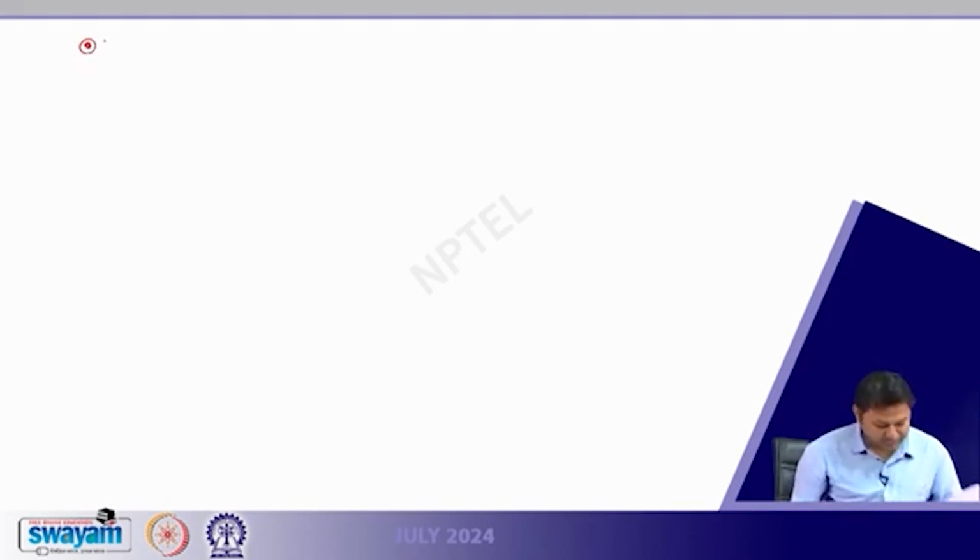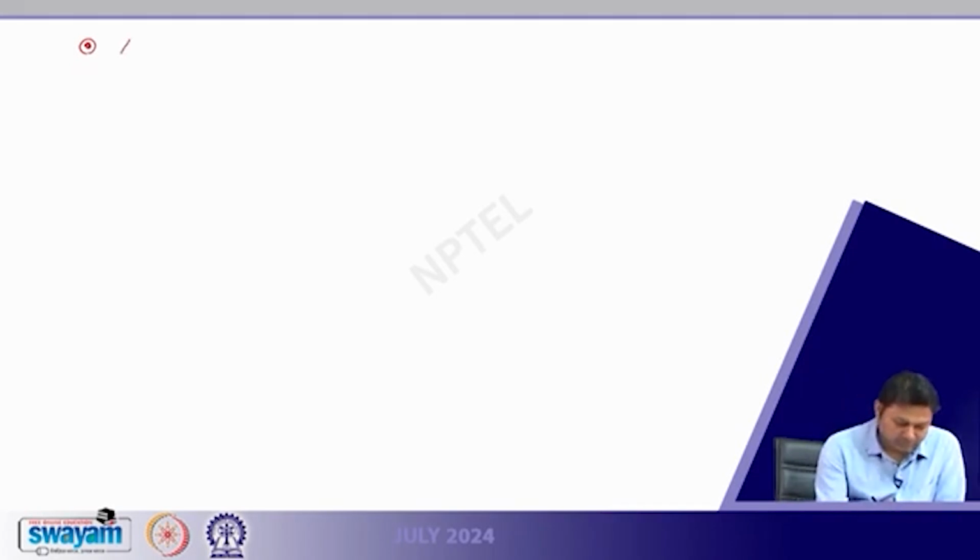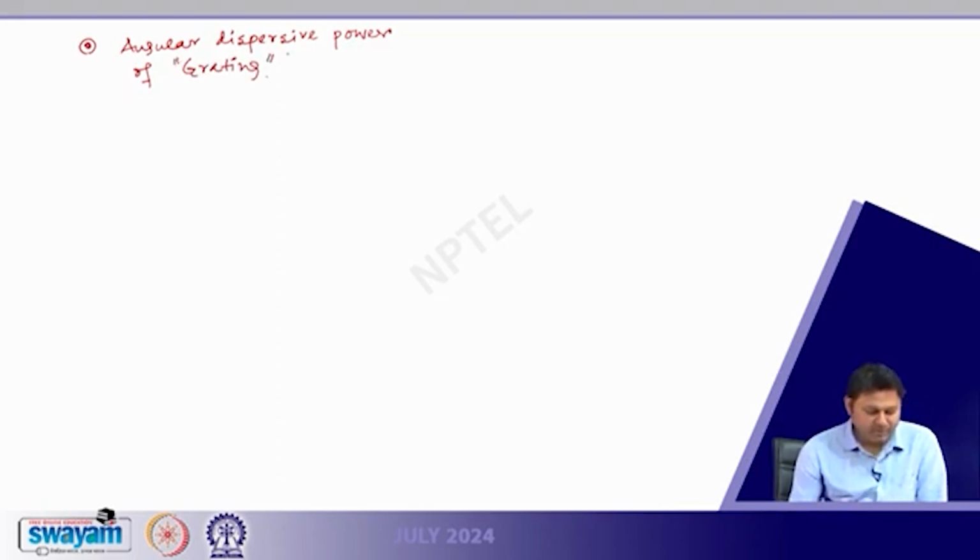angular dispersive power of grating. So, angular dispersive power means how we can separate with respect to wavelength, how the separation is there.